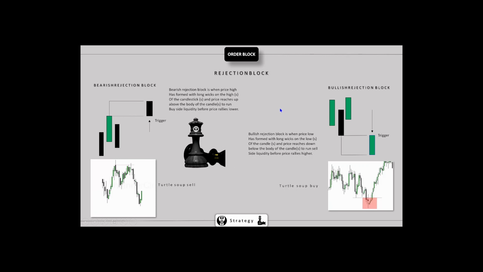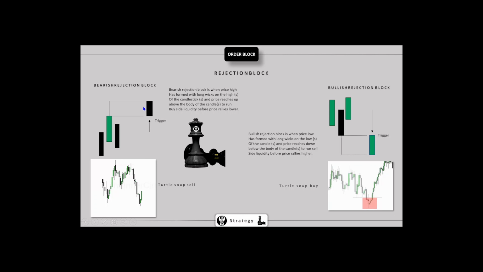We also have something called rejection blocks. And what are rejection blocks? To illustrate it in an easy way, this is how it works. So this is a bullish order block, and sellers came into the market and pushed this to the downside, leaving a huge wick here.